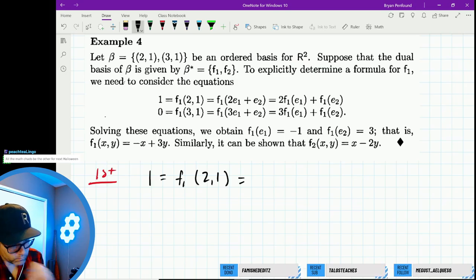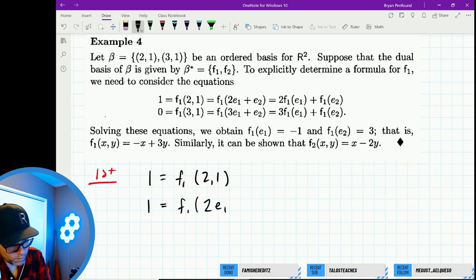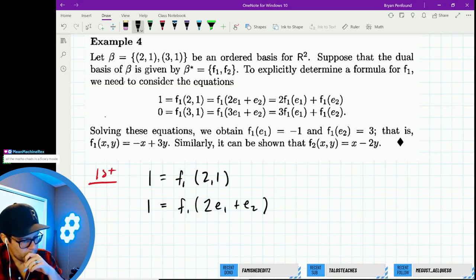So they're saying that we should be able to break this up into F1 of E1 plus E2. So E1 and E2, what are those?